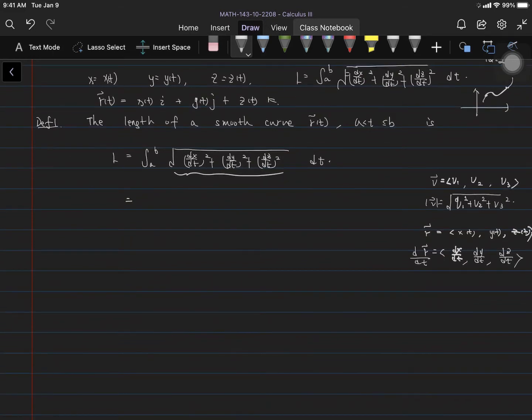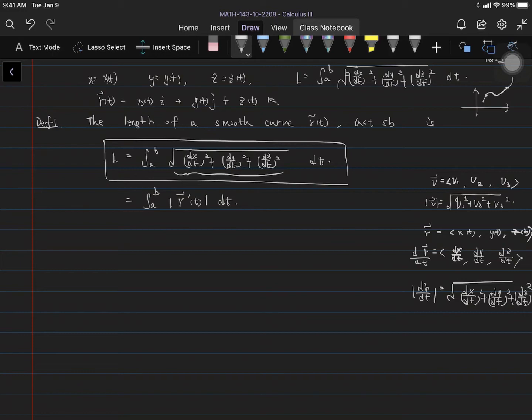If we take the length of dr/dt, the length is just the root of (dx/dt) squared plus (dy/dt) squared plus (dz/dt) squared. So sometimes for the length we can also write it this way: the integral of the length of r prime(t), dt. Two ways. The second way is the vector way. Those are the two formulas for the arc length.